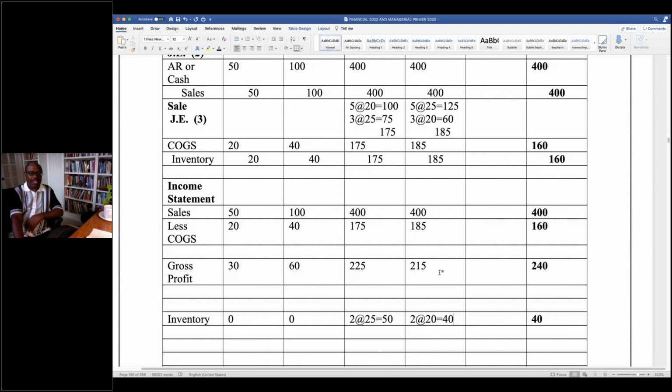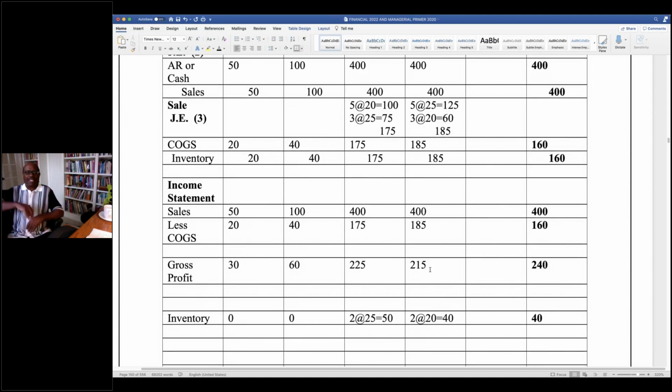Well, if you're a Republican, you're going to select this method here so you can pay less tax. Now, if you're a Democrat, you say, I got to do what's right, and I'm going to pay $225, that I'm going to pay my fair share of taxes. But the Republicans are going to say, we're going to go with this LIFO because we can pay less tax.